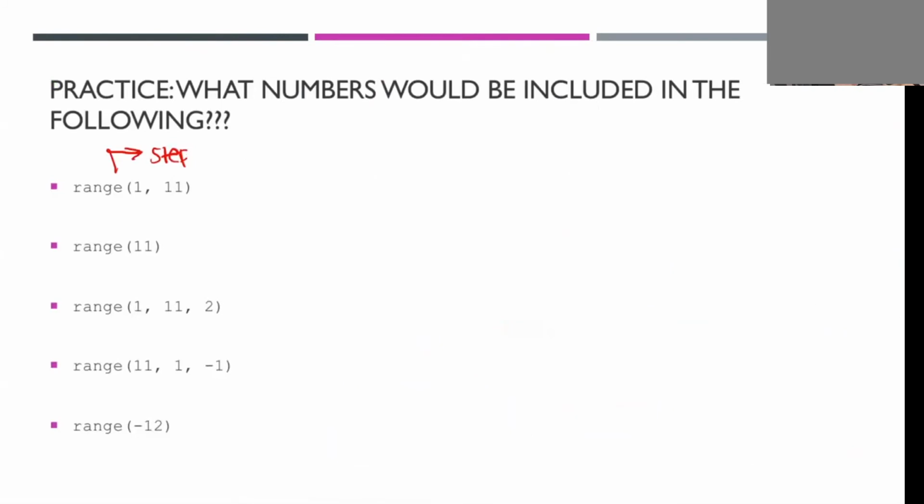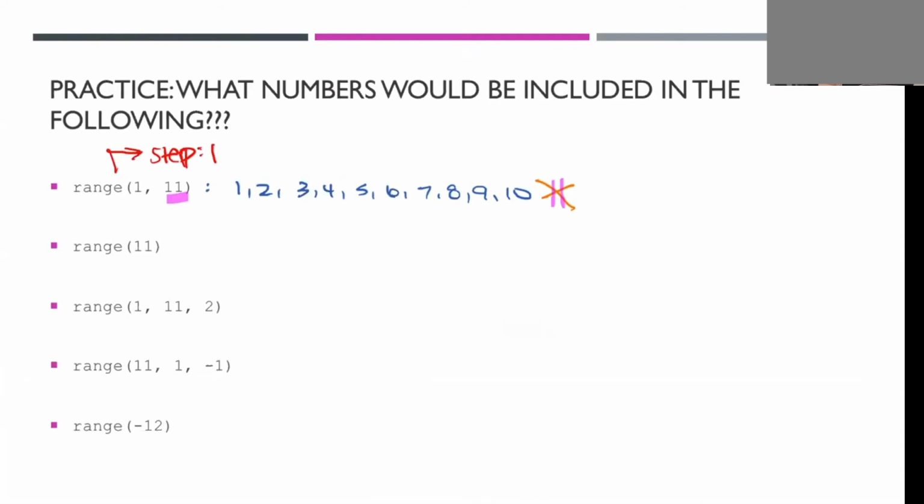1 through 10, perfect. So step is 1. So that means that our range would be 1, 2, 3, 4, 5, 6, 7, 8, 9, 10. There should be an 11 here, but because we don't include this 11, because that is just the rule of range, it's not there. So we go up to, but not including 11. Then what about the second one where we just want range 11?